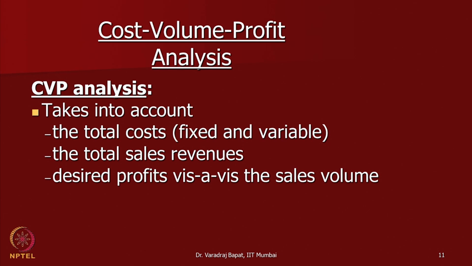At a certain level of volume there will be some profit. So, either we take some level of sales, maybe based on our market research, or we go by the profit expected by management, and based on that go back to what level of activity we have to achieve for the desired profit. This is how normally we use CVP analysis.